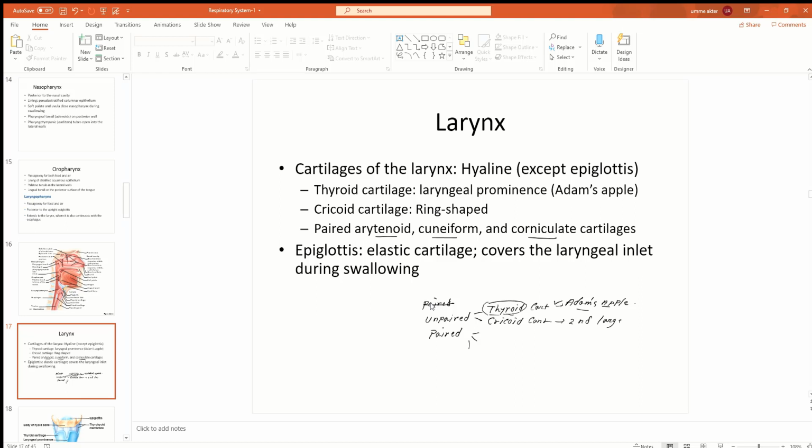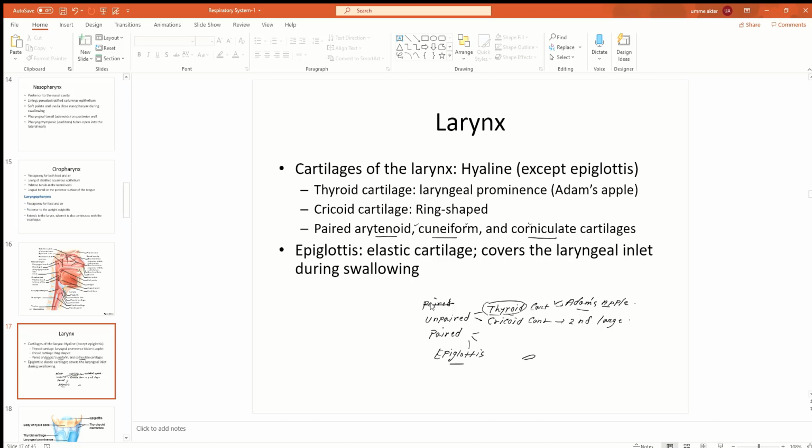Okay, and then you have those three pairs of small cartilages. Okay, and then there is another cartilage, that is the epiglottis. I mentioned it before. It covers the laryngeal inlet. Epiglottis. It is a cap that covers the laryngeal inlet.